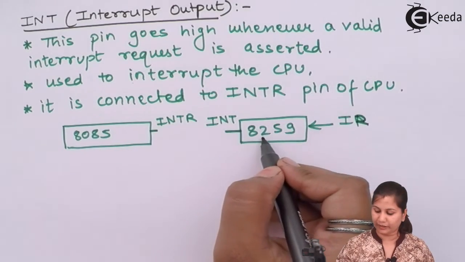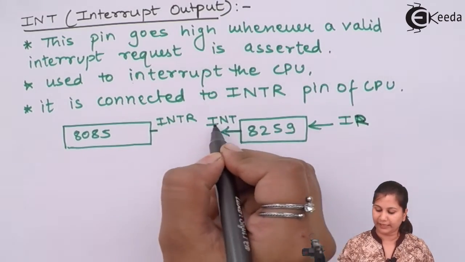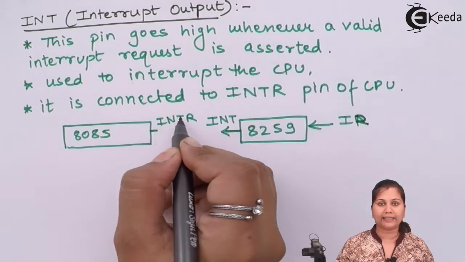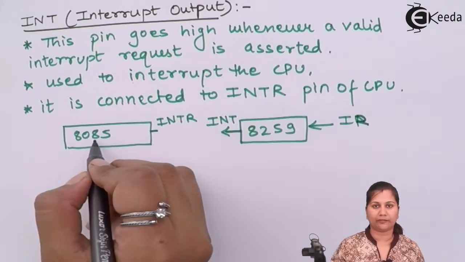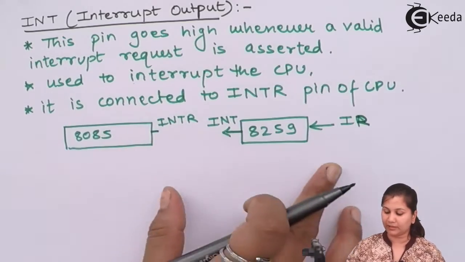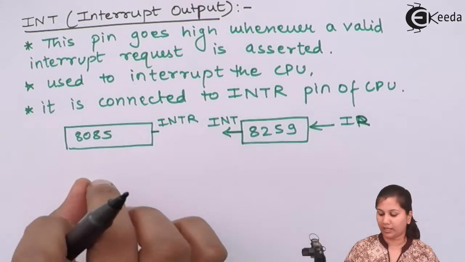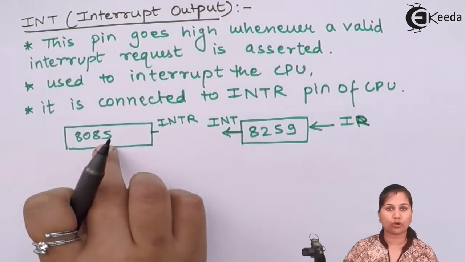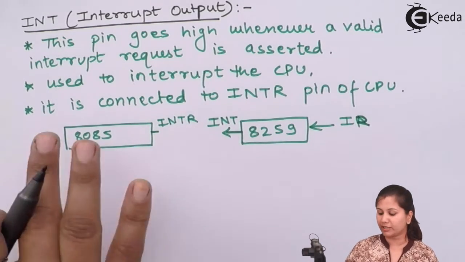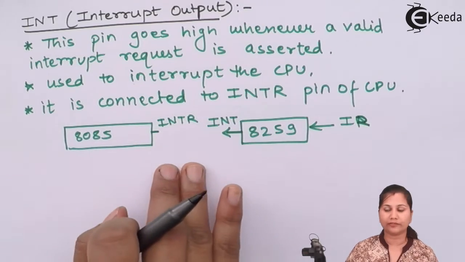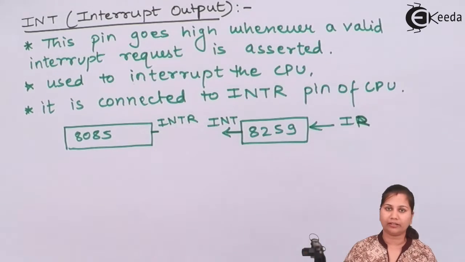So in this way, the 8259 is interrupting the CPU. It wants the CPU to stop its operation and first execute the service routine related to this interrupt request.